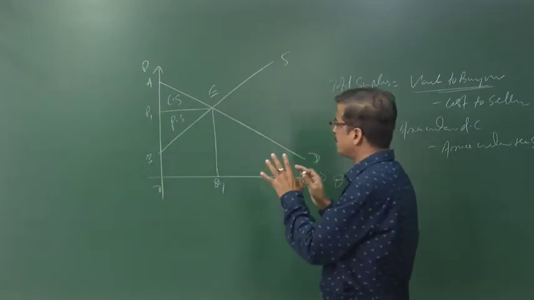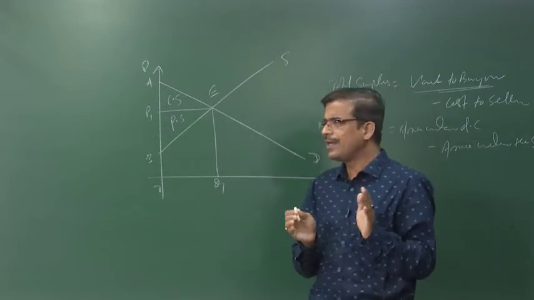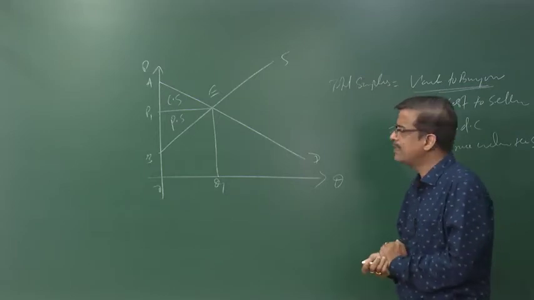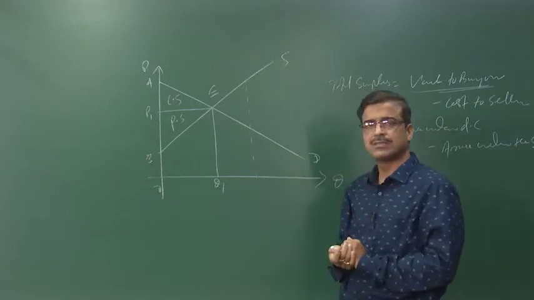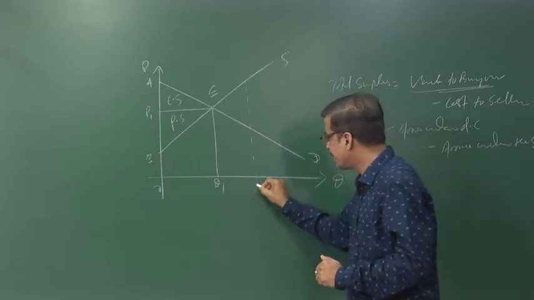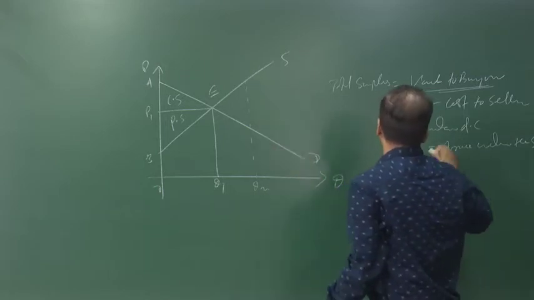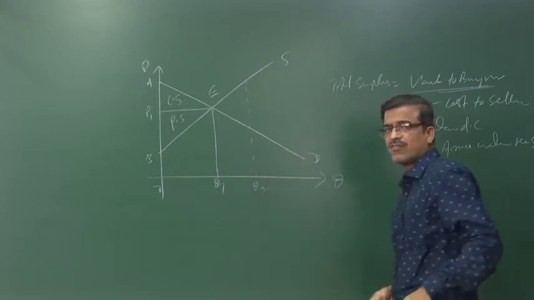And here the total society, the entire economy, is in a well-being situation. Let us say any deviation takes place. Suppose there is an increase in production, if you take this side area Q2, what do you find? This is the cost to the seller, and the cost to the seller is much more than the value to the buyers.